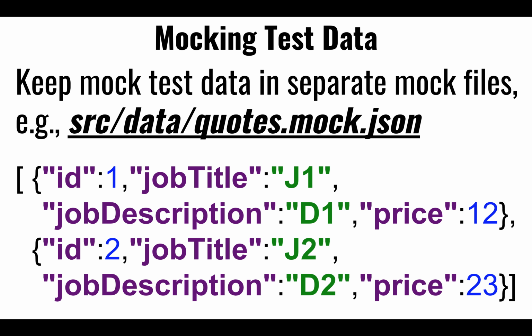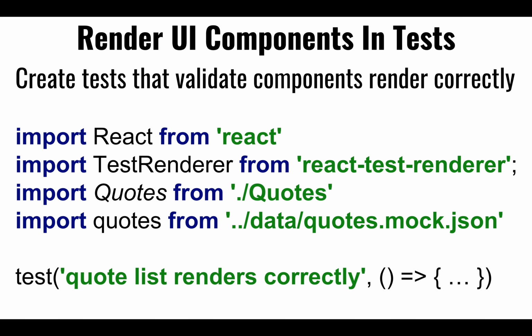Maybe it's even a snippet of data that you got from the server, but you're saving it here as mocked JSON data, which you can then use to instantiate, as an initial state, some element under test.